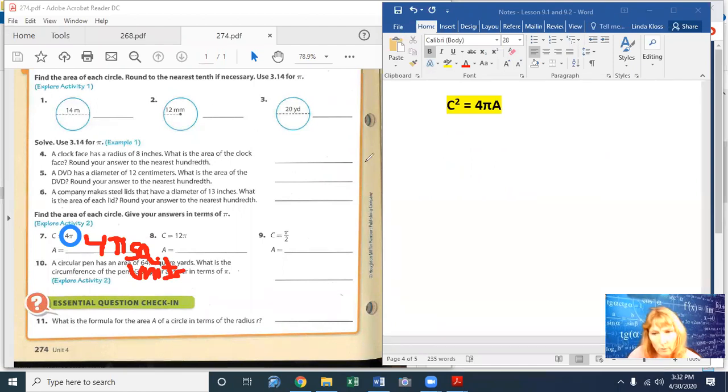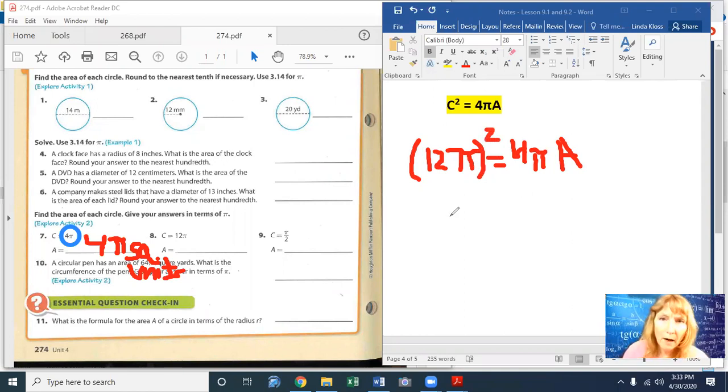So we know we got 12 pi equals, look at our formula, 4 pi times A again. So remember, we're going to square this side because it's circumference squared.